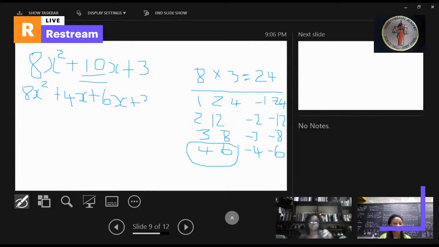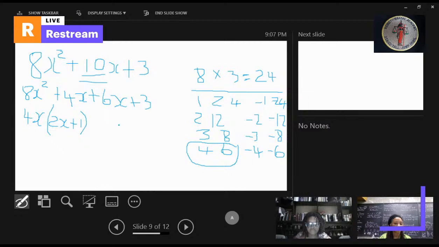So now we're going to factorize the pairs that we have. 8x squared, this pair and that pair. The HCF of 8x squared and 4x would be 4x, and 4x into 8x squared gives us 2x, and 4x into 4x gives us 1, so 2x plus 1.